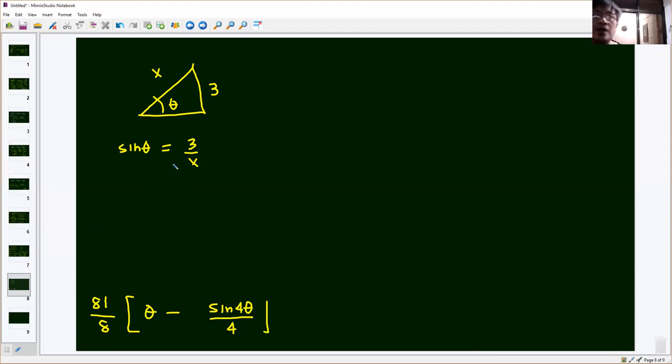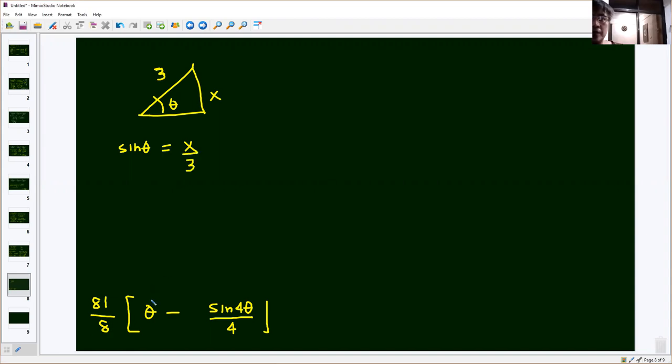Ay, baliktad. Tama ba? Baliktad ako. This should be, ito dapat yung 3, ito dapat yung x. Tama? So, sine theta is x over 3.